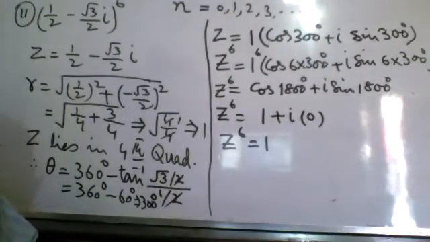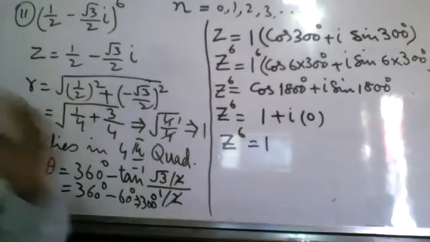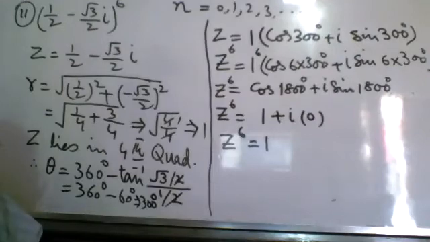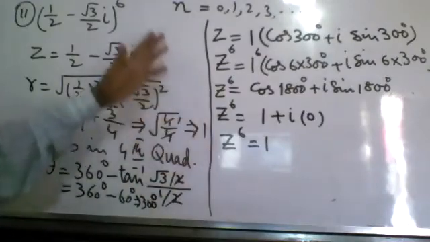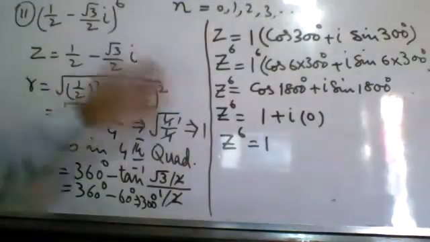If you don't have this facility in your calculator, there is no need to do this one, because it is done by the calculator. If you want to do it manually, you may do it by the method we have done.